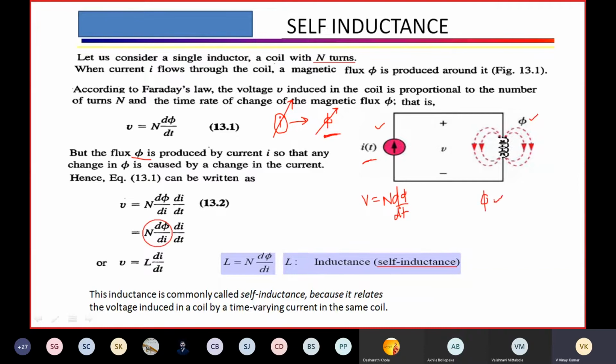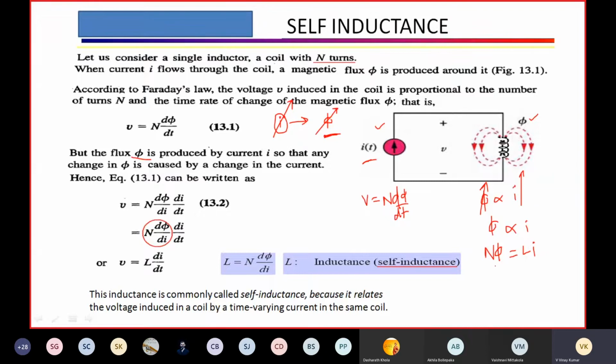Here phi is directly proportional to current. If there is a change in current, flux will be changing. So flux is directly proportional to current. This can be written like this: Nφ is equal to Li, where L is self-inductance.